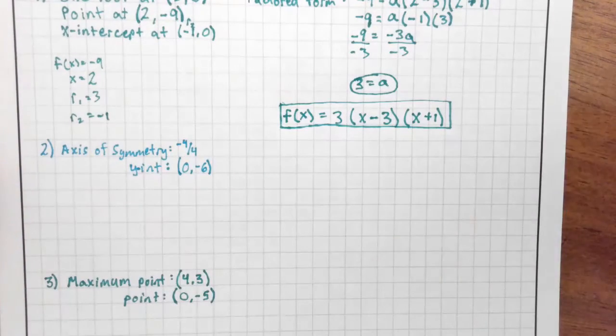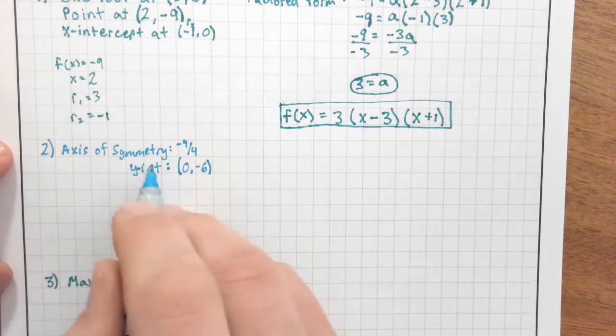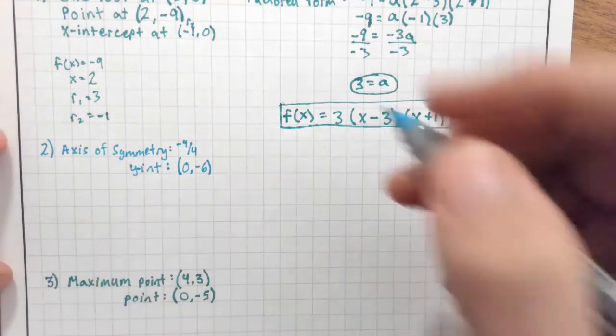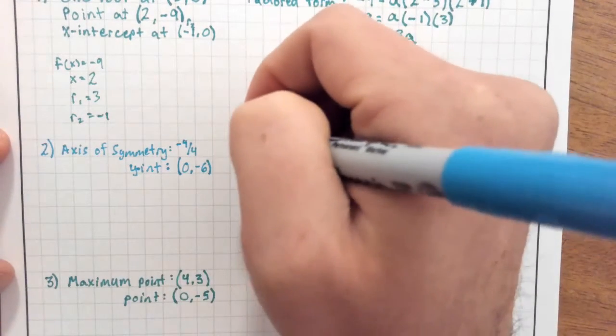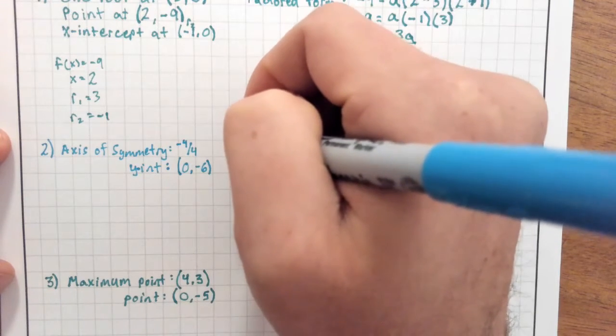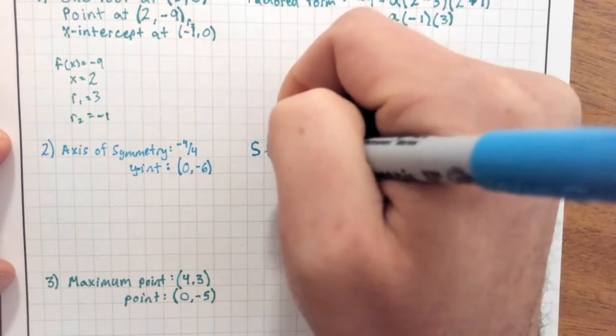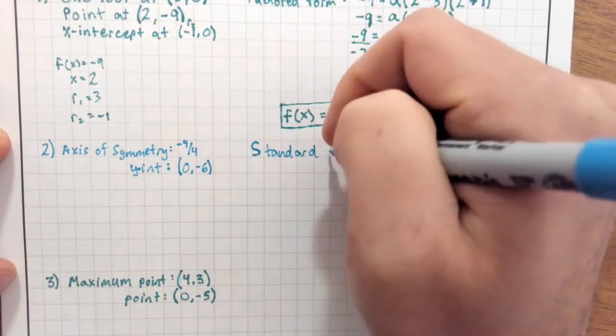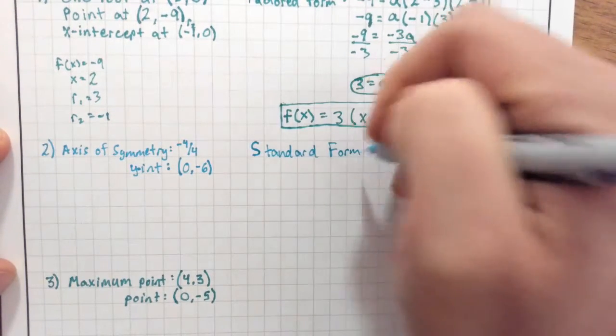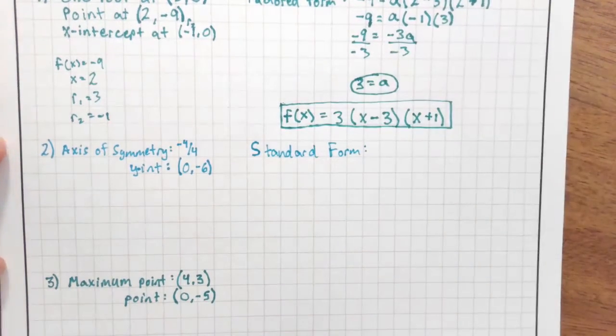So again, what we're going to do for this one is standard form. When you're given a y-intercept and axis of symmetry, it should be pretty easy to plug this into standard form. Let me write it out real quick. Standard form.